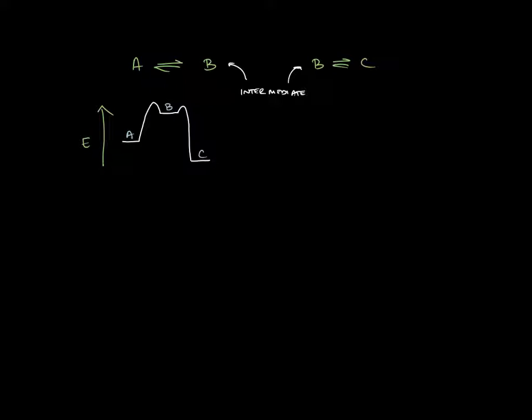You might also notice that you have two different transition states here, 1 and 2. All right, in this case, in step 1, which is A to B, we would say that our delta G is going to be positive because that first step goes up in energy.